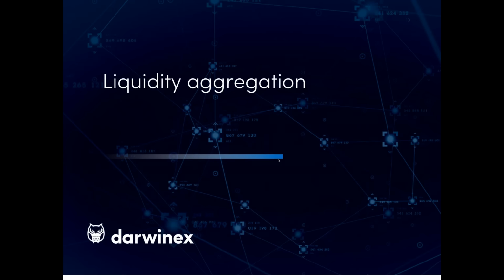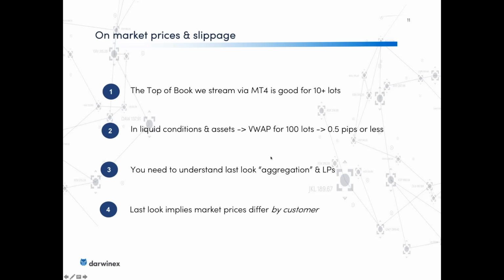Okay, so on the next point of slippage. Before anybody draws any rash conclusions here, you should know that the top of book that we stream on our MT4 is good for 10 lots or more. And 10 lots is not a huge amount, but it's already something. When you trade in liquid conditions and assets, the volume weighted average price, the VWAP, for say 100 lots, for a trader to place a 10 million trade in the market, is something like a 0.5 weighted average slippage.